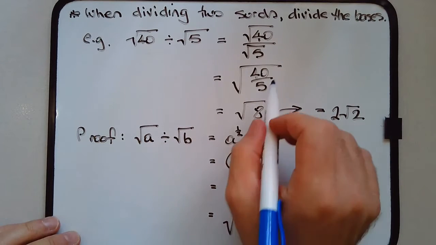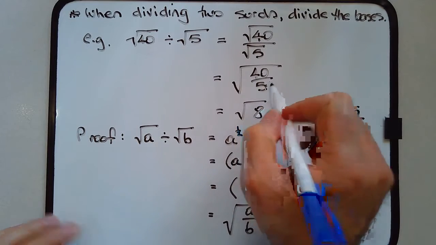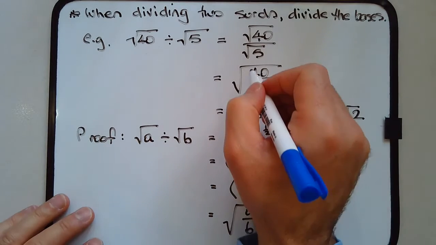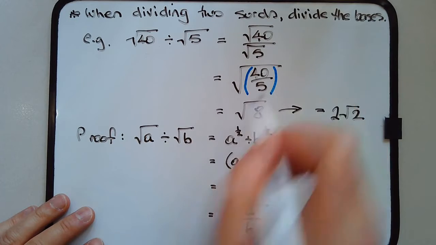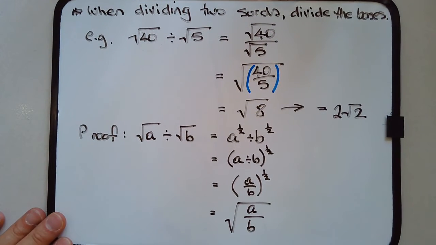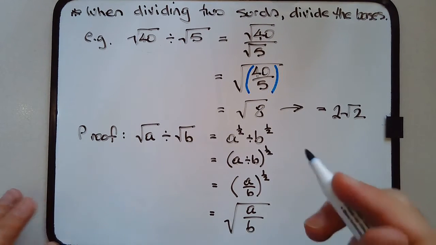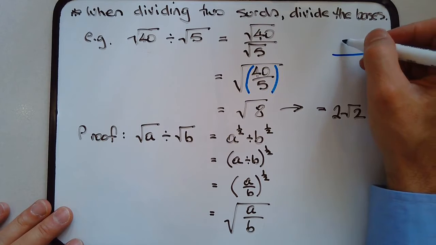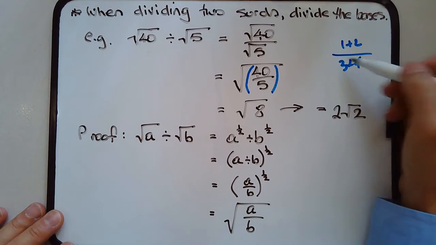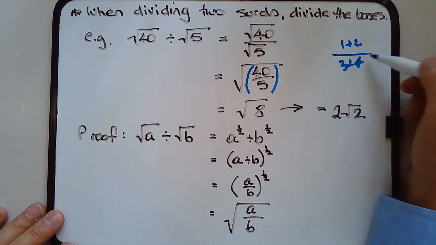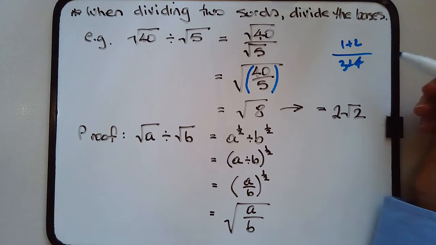Now, by the way, the square root also acts as an implied grouping symbol. So anything inside the surd, we have to pretend that there's brackets inside. It's a bit like fractions. You might want to remember, for example, if you had a fraction like this, 1 plus 2 over 3 plus 4, the fraction line, the vinculum, acts like a grouping symbol.